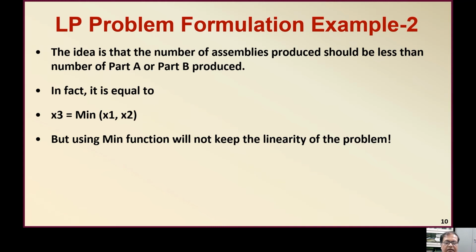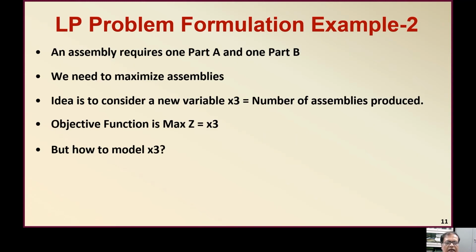So what can be done? How do we solve this particular problem? How do we really model such kind of situations where assemblies are involved? So you see, an assembly requires part A and part B, and when you are trying to maximize assemblies, the idea is to consider a new variable x3 equal to the number of assemblies produced, and you simply say objective function maximize z equal to x3.